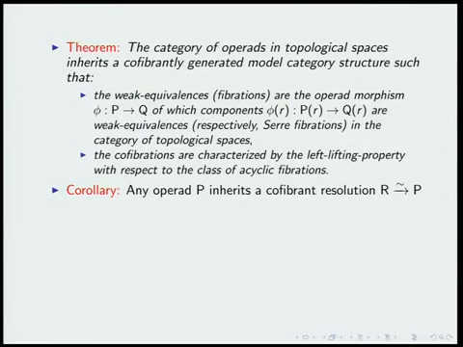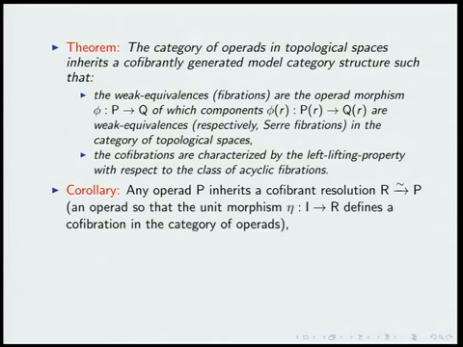And to do that, you don't deal with the objects themselves, but with resolutions of these objects. Formally, from this theorem, you can deduce that every operad P has a coherent resolution. Coherent object in the model category means that the initial morphism is a cofibration.